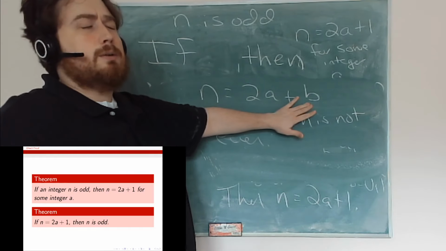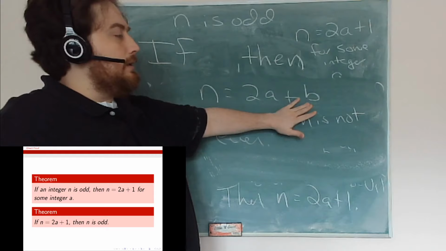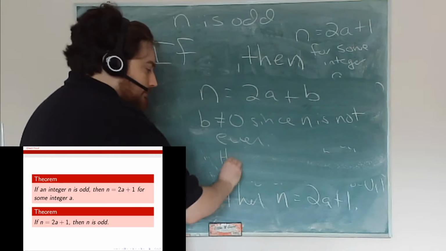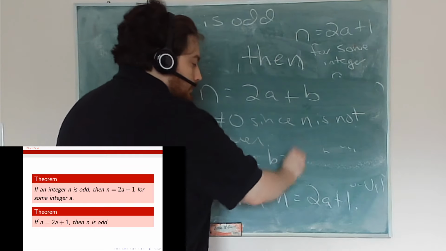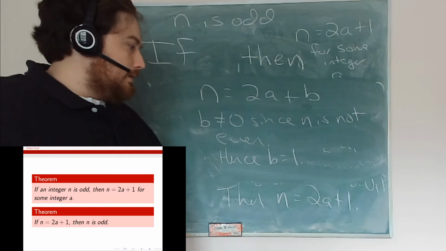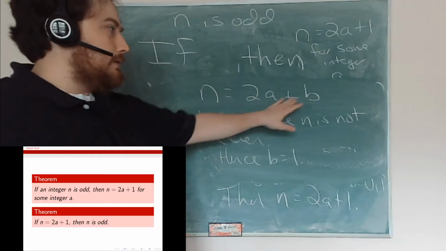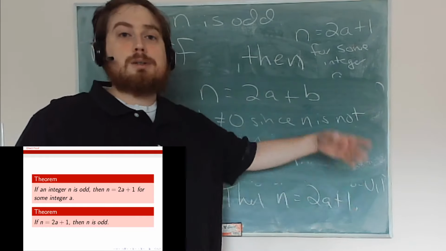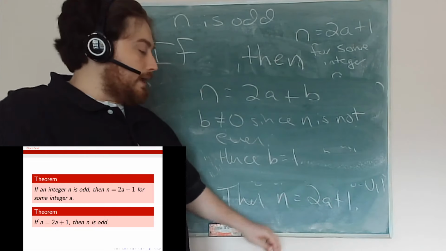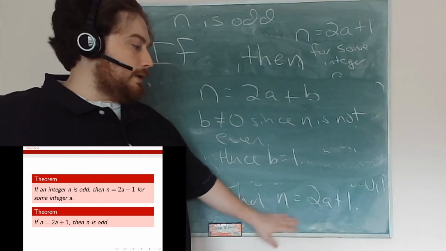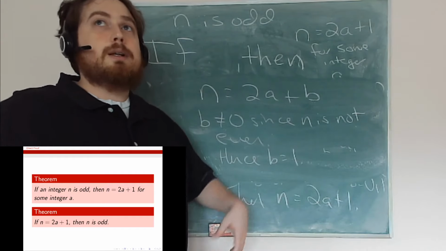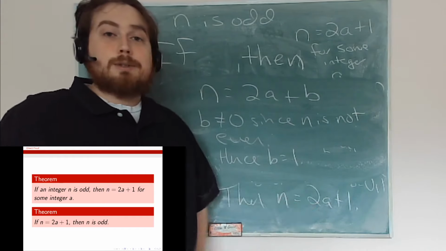Those are my only options. So if it's not 0, it has to be 1. If I just read what I wrote, b has to be 1. Therefore, n is 2 times a plus 1. So we get that every odd number can be written in the form 2 times an integer plus 1, whereas every even number can be written as 2 times an integer.